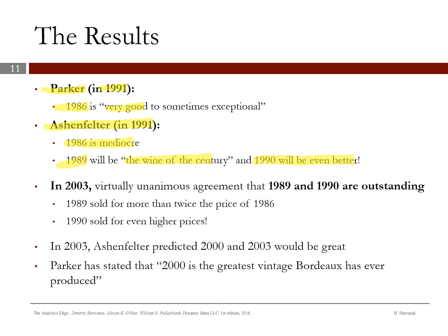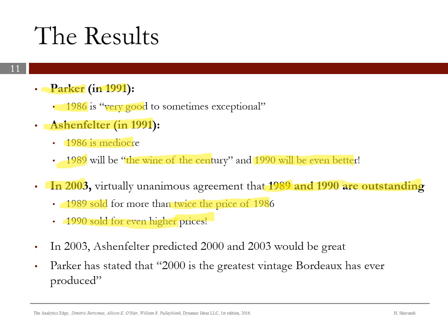Okay, after about 12 years, in 2003, the market discovered that 1989 and 1990 were outstanding. And 1989 sold for more than twice the price of 1986, and 1990 sold for even higher prices.